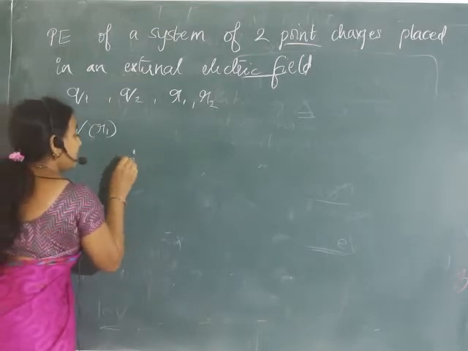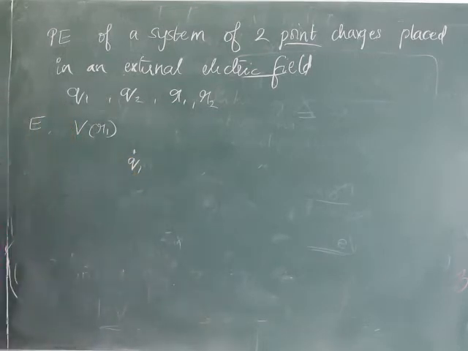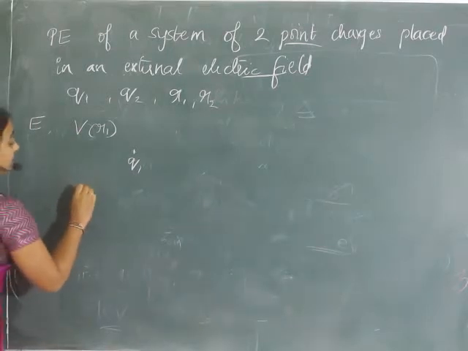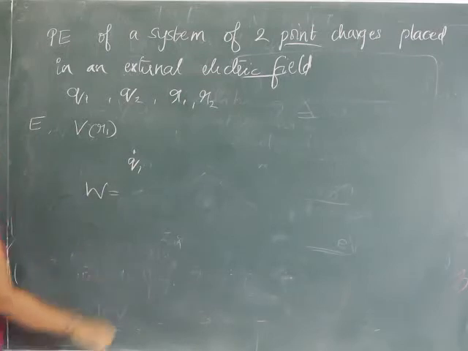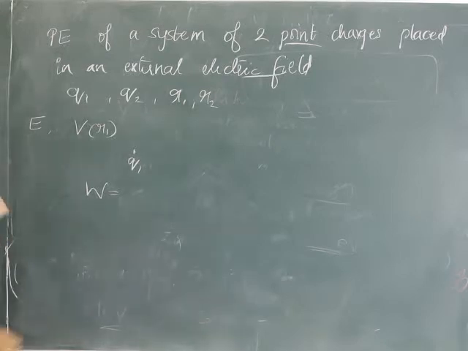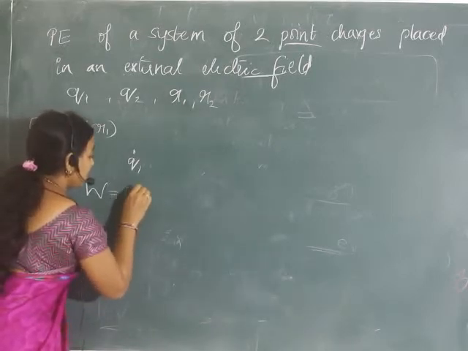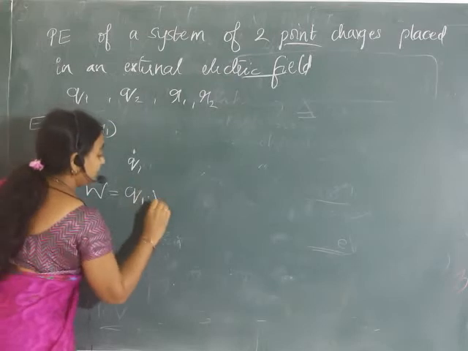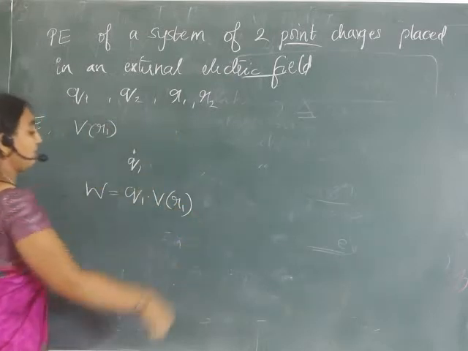While bringing the point charge Q1 to the position vector R1, what is the work done? Work done is equal to charge into potential, so charge into the potential at that point, V of R1.